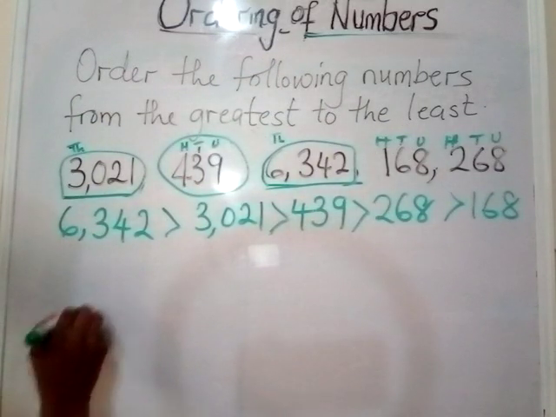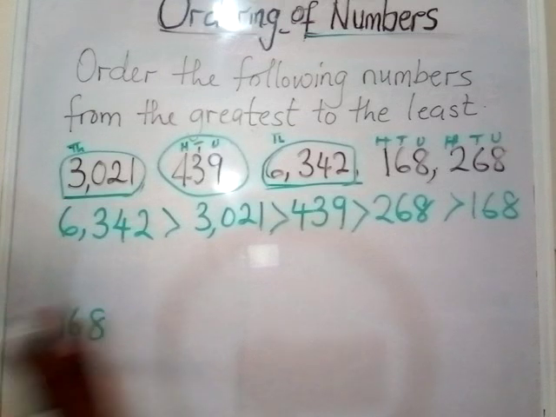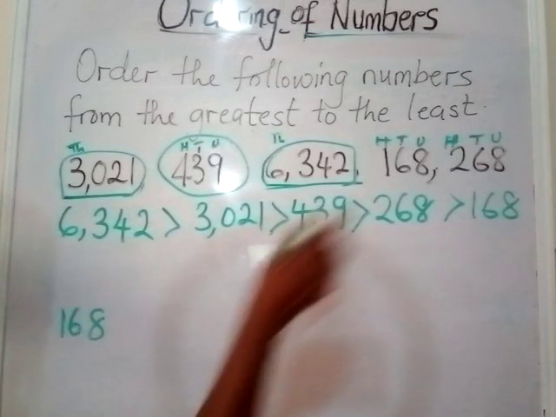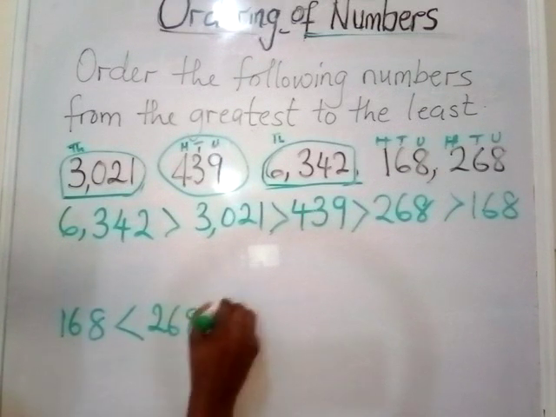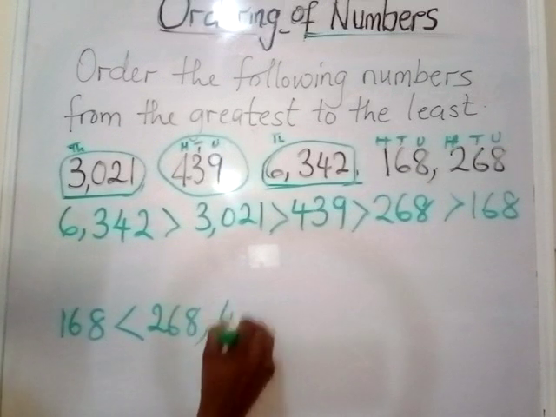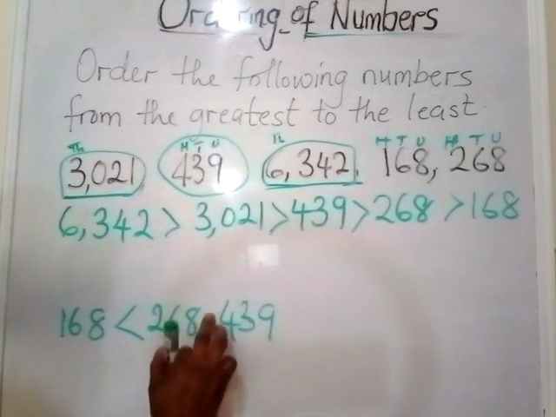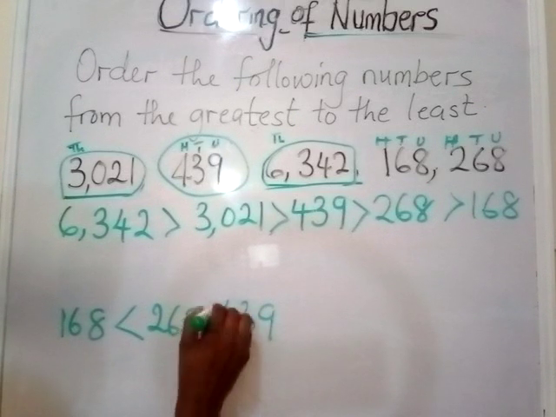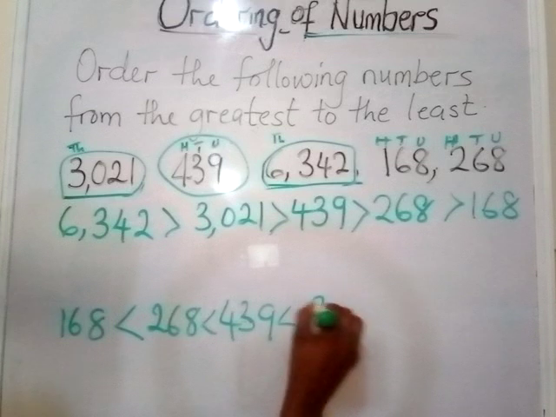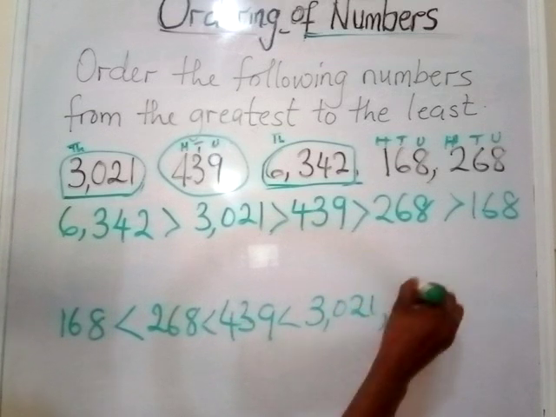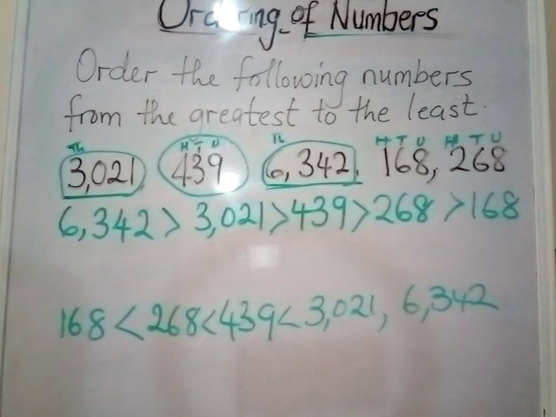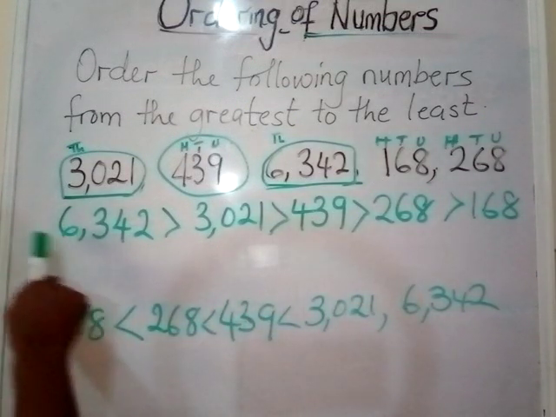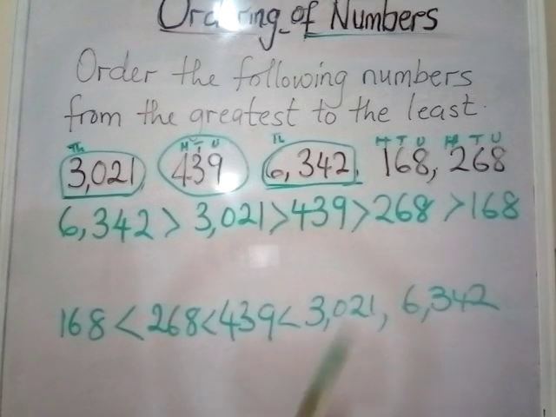That means your 168 comes first because you're going from the smallest to the largest, and then 268, 439, 3,021 and then 6,342. Okay, so this is if you are starting from the least to the greatest, but the one we did actually is from the largest to the smallest number.